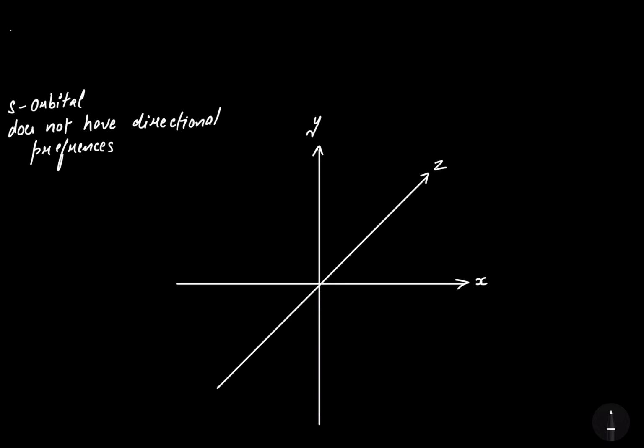So we don't need to specify the directions, that is x, y and z, for the s orbitals, and the shape of s orbital is spherical only. So see the diagram carefully. What I'm going to do, I'm going to make the s orbital and that's spherical in shape.